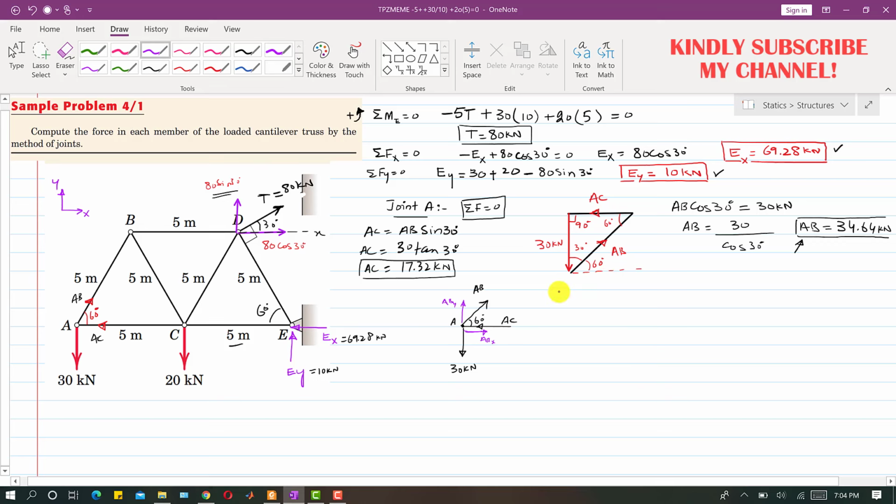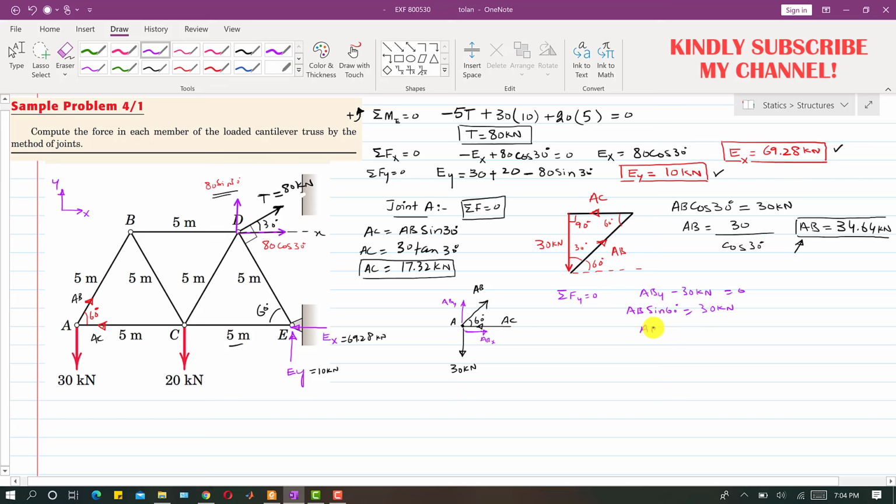Now if we apply the summation of forces along Y equals to 0, then as we can see this is ABY. So ABY is AB sine of 60, right? This is the sine component. So we can say that ABY minus 30 kilonewton is equal to 0, and this ABY is AB sine of 60 degrees, and this will be equal to 30 kilonewton.